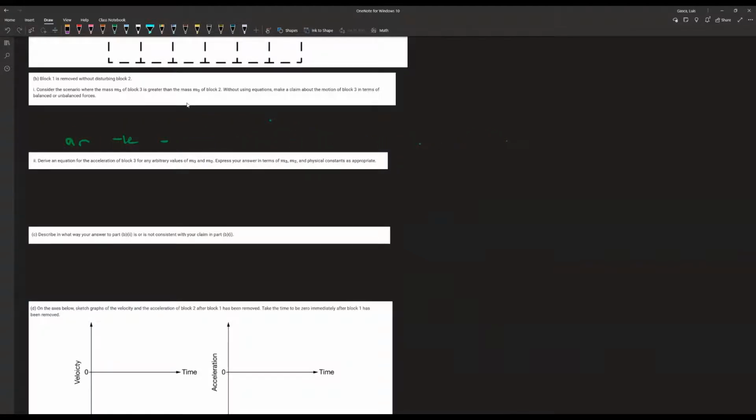In the horizontal direction. I probably should use the loop tool. So we can say there is no friction on block 3, so the tension on it is unbalanced.